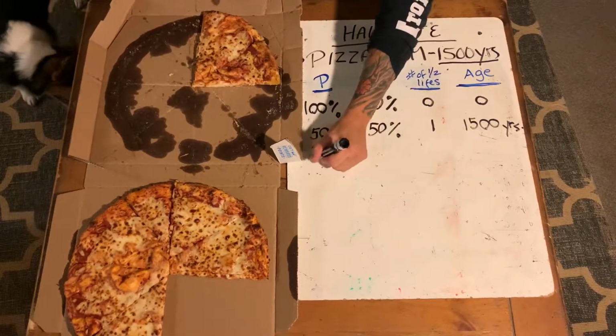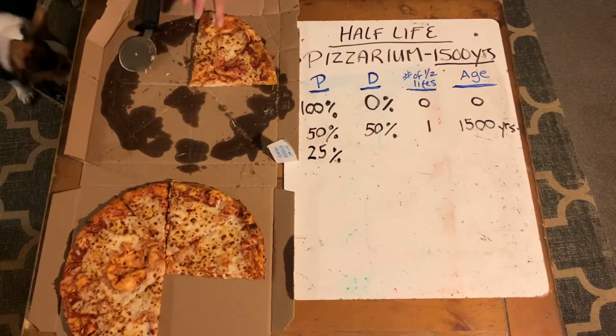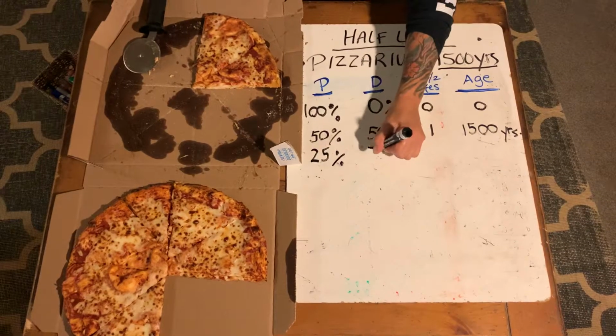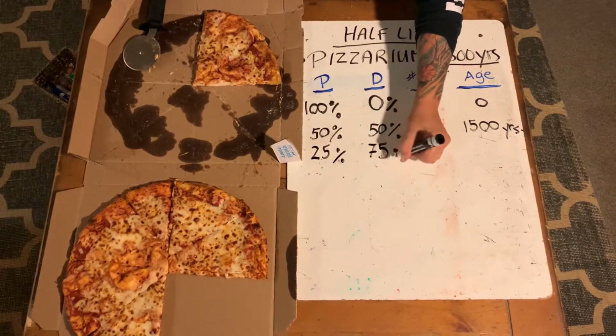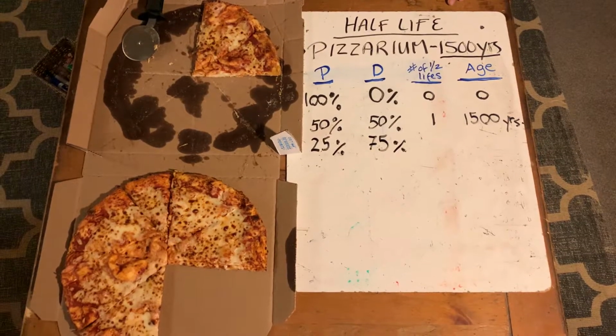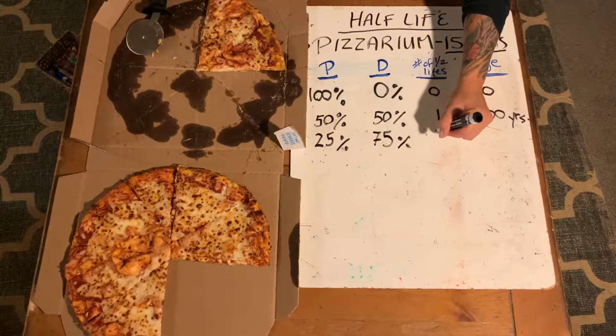We have 25% original pizzarium, which means that the daughter, the new element, must be 75%, right? And how many half-lives must have happened in order for there to only be 25% left? 2.